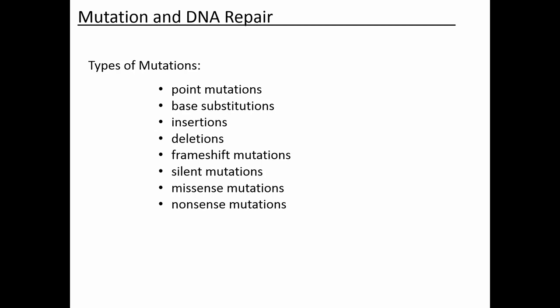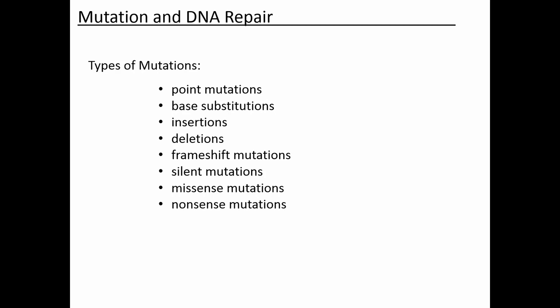Okay. And then the very last one is nonsense mutation. A nonsense mutation is when you have a mutation that changes a normal codon into a stop codon.